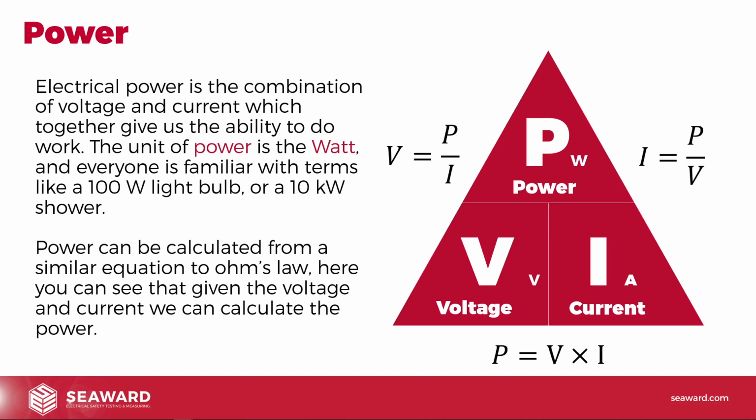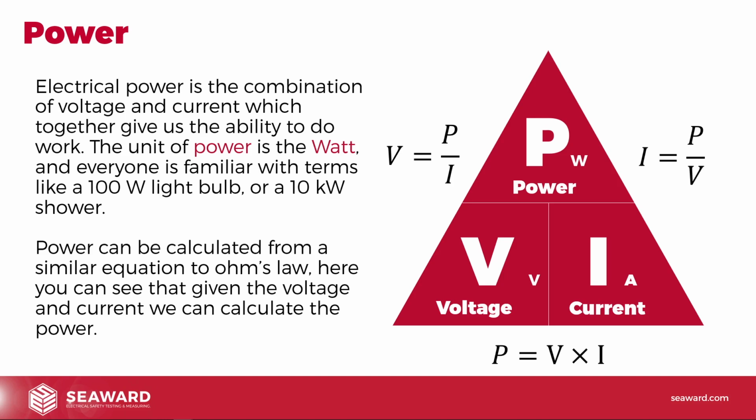The unit of power that we generally talk about is the watt. We use the letter W for that. Everybody's familiar with terms like a 100-watt light bulb or a 10-kilowatt shower, and generally we're talking about the ability those things have to do work. If we've got a 40-watt light bulb and a 100-watt light bulb, there's more ability to do work, more light, more heat coming from a 100-watt light bulb.